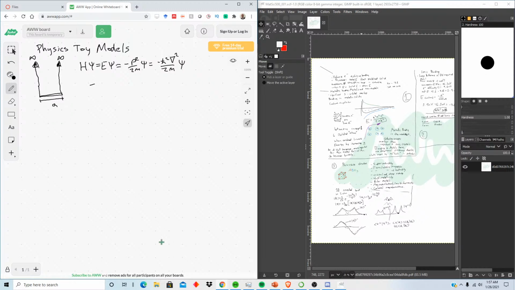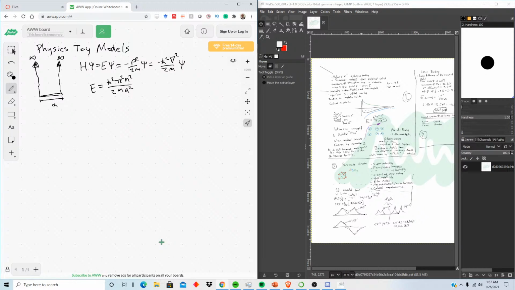And what you end up finding out is that the energy is equal to something of this form. It's h bar squared, pi squared, n squared, where n is the energy level, over 2m a squared, right?